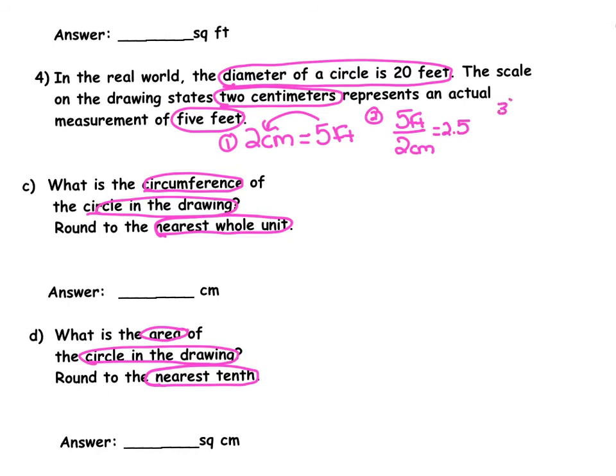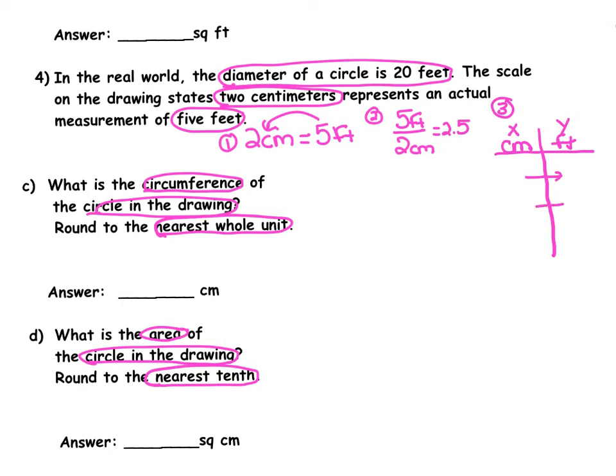So that means, step 3, in our table, when we convert a few of these dimensions, our centimeter measurement goes in the first column and feet goes in the second column. We know that if we go left to right, converting from centimeters to feet, we'd multiply by 2.5.